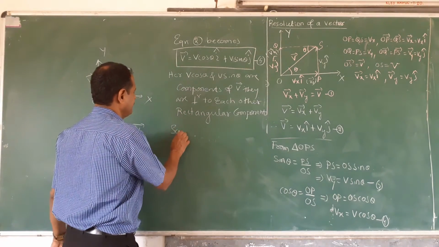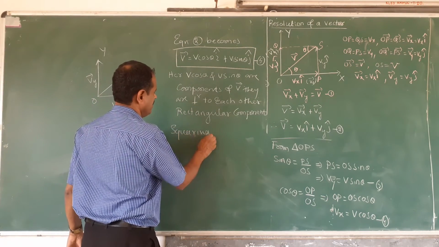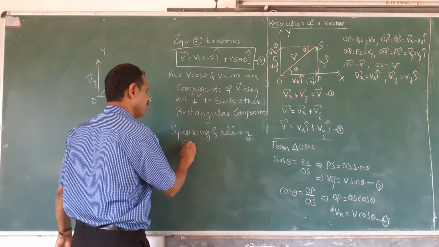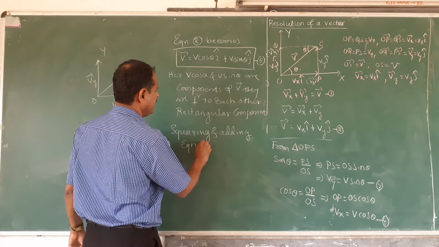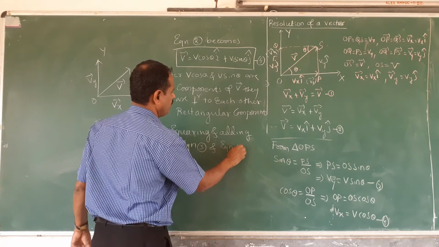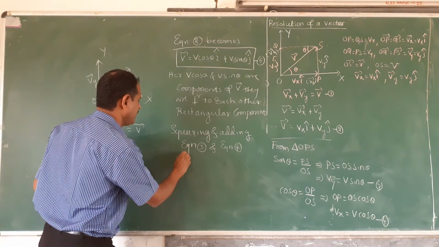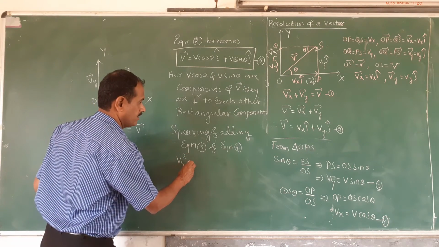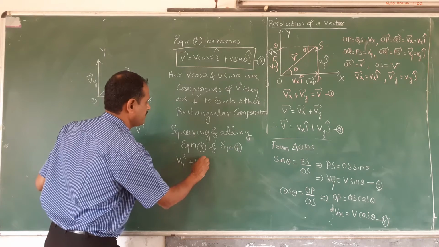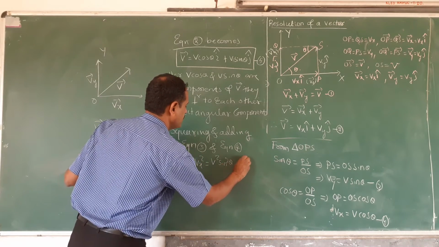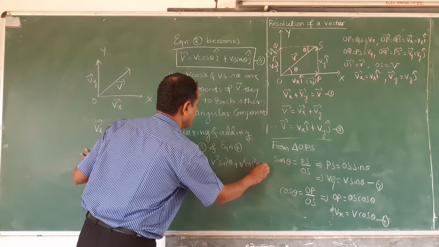Squaring and adding equation number 3 and equation number 4, that is Py square plus Px square is equal to V square sin square theta plus V square cos square theta.